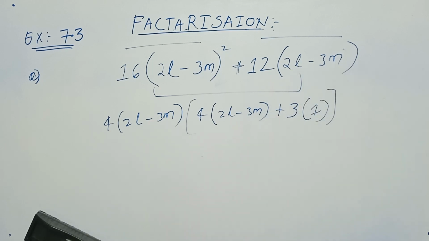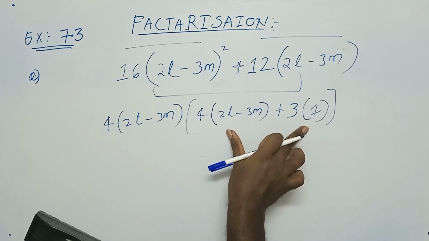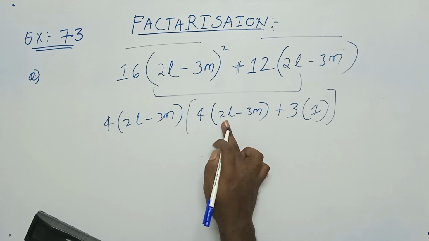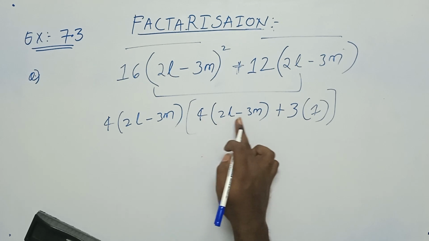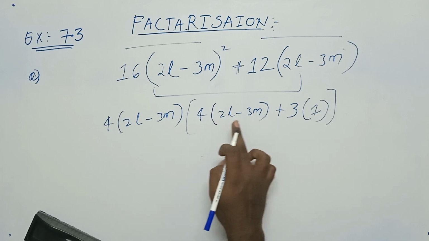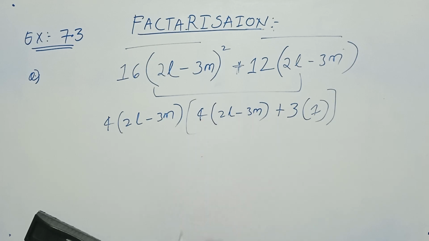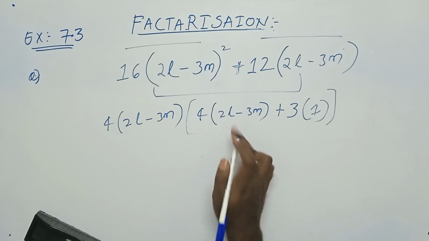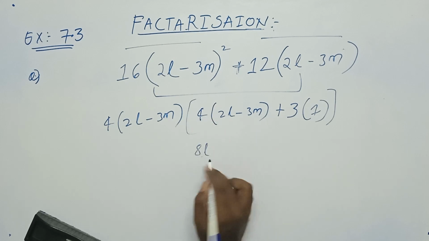Now we are going to simplify the values within the bracket. So 4 times (2l minus 3m) whole square plus 3. We multiply the bracket and 4. First, 4 into 2l is 8l.